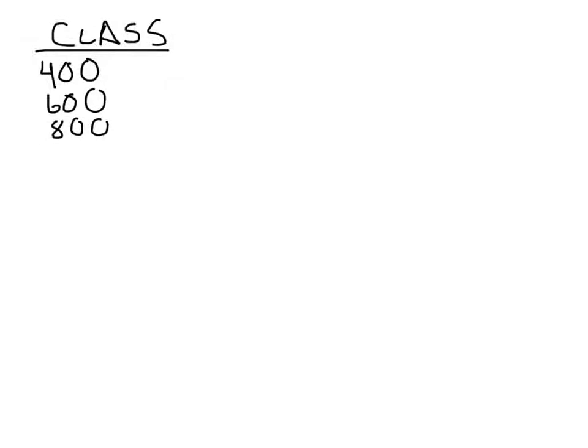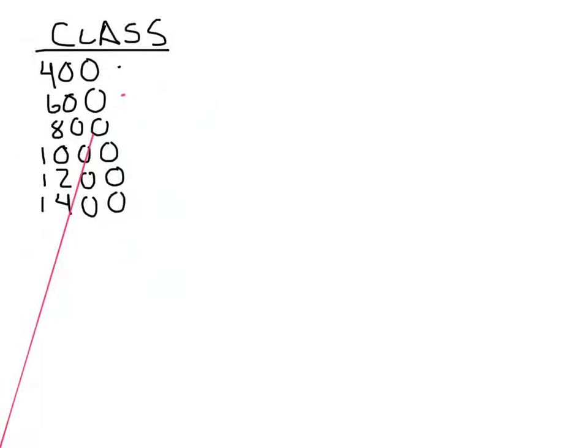So we're going to have classes. And that's going to be, let's just do these all in one swat. 400, 600, 800, 1,000, 1,200, 1,400. Whoa, the red went wild there.